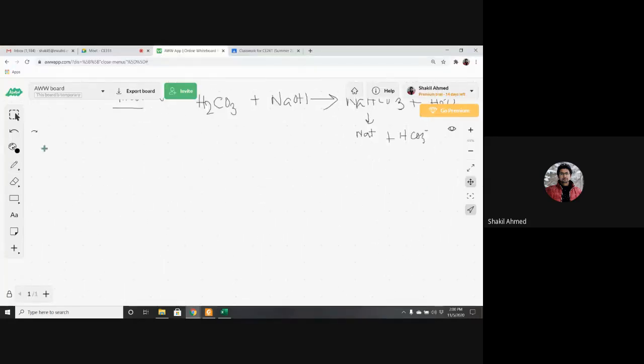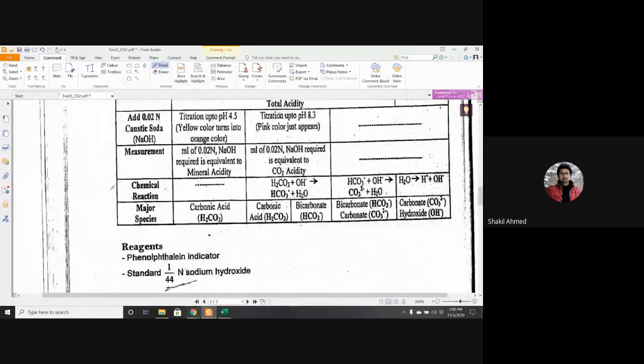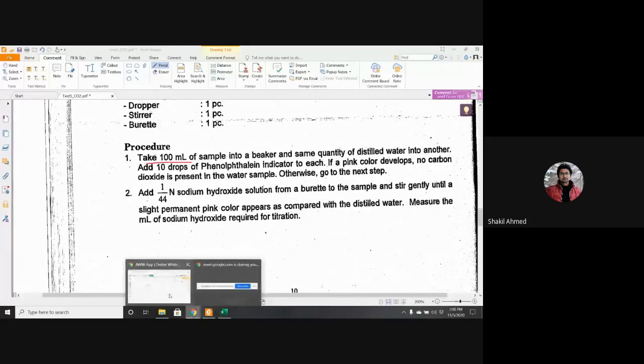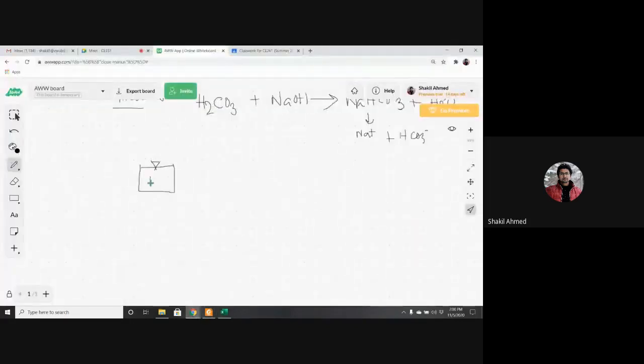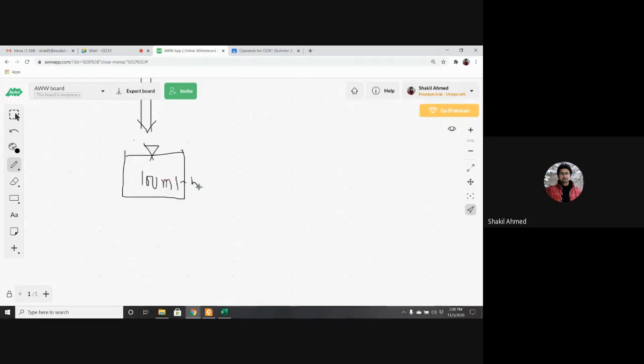Okay. So basically, what you have to do is very easy. Just take some sample of the water, 100 ml, in a beaker, and titrate this. 100 ml of what? Water, right?